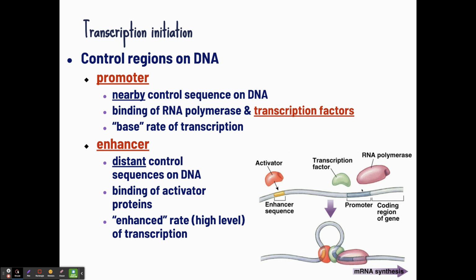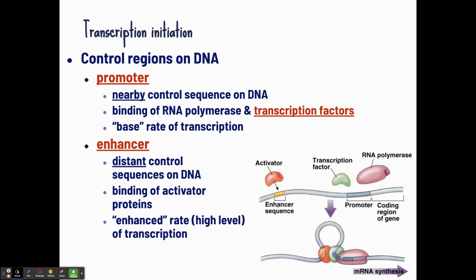So for transcription initiation, these are the control regions we see on DNA. First there's control at the promoter region, the nearby control sequence of DNA, basically binding of RNA polymerase and transcription factors. This is the base rate of transcription, where it's going to be turned on or off. Then we have the enhancer region, the distant control sequence on DNA.